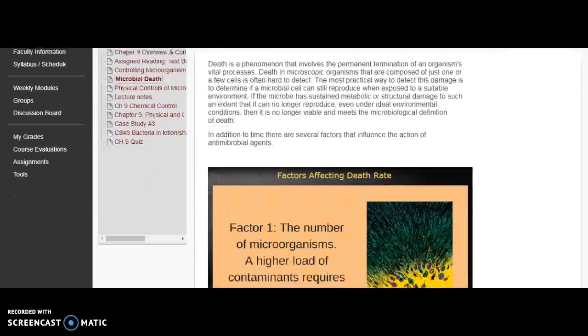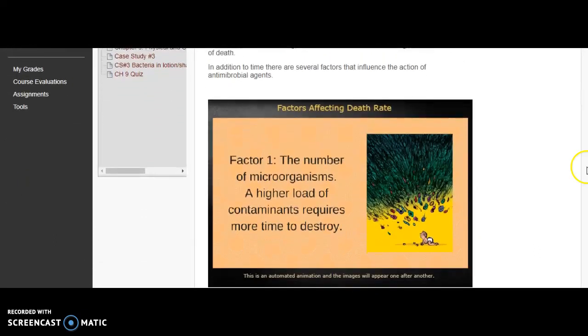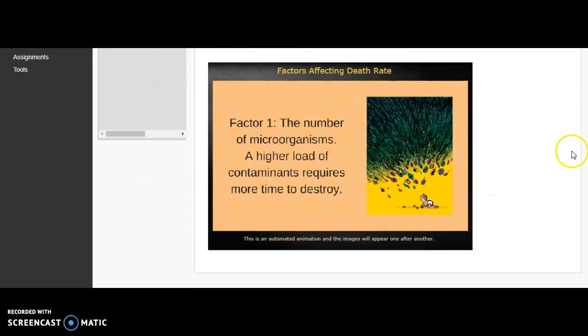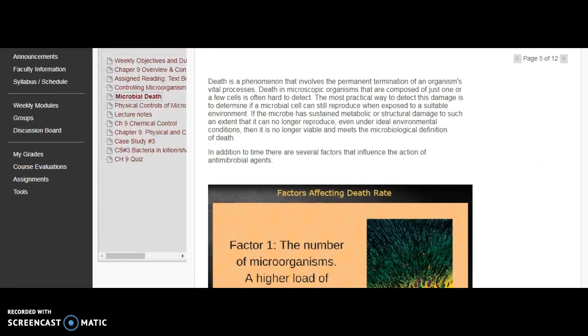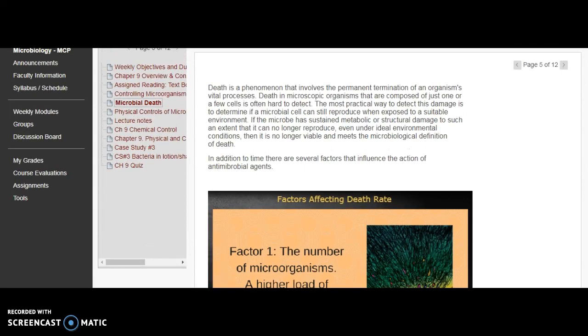another animation that talks about death. And when we're talking about death for microorganisms, we're talking about the inability for the organism to reproduce. All right, so not true for humans. We're still alive even if we can't reproduce. But you understand the idea of a human dying. They're no longer alive.